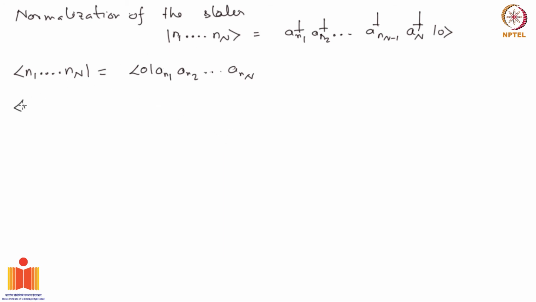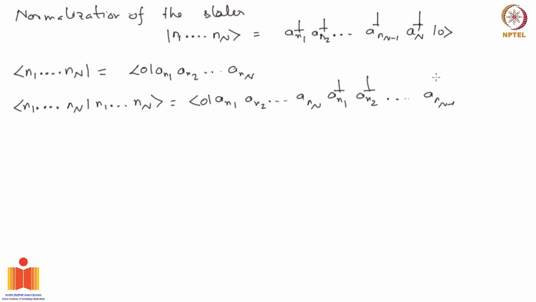So you write bra 0, A_N1, A_N2, up to A_N, and then you have A_N1 dagger, A_N2 dagger, up to A_{N-1} dagger, A_N dagger ket 0. Okay, we are almost there.